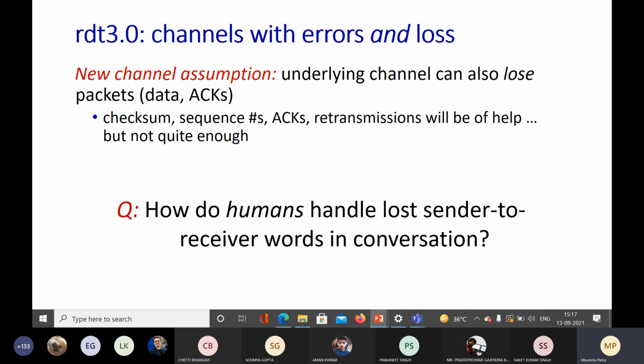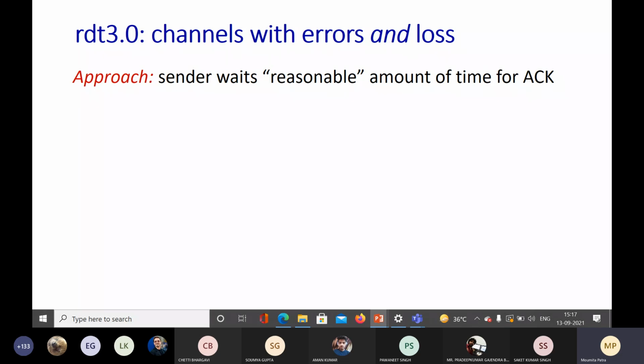If your friend is sleeping and you want to wake them up, you call them once or twice, or you just call them once and you wait for some time for them to wake up. If they wake up, great. If they don't wake up, you call them again, right? So that's what happens in this case also. All right.